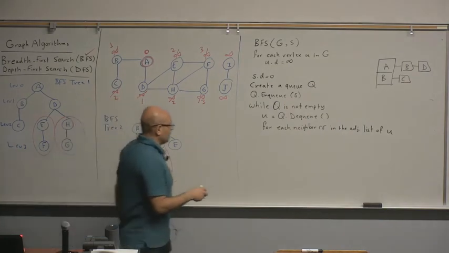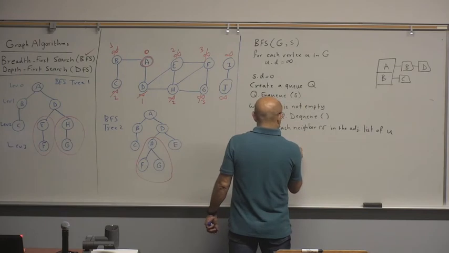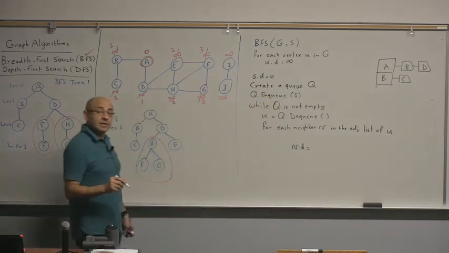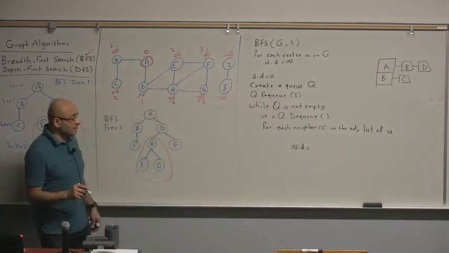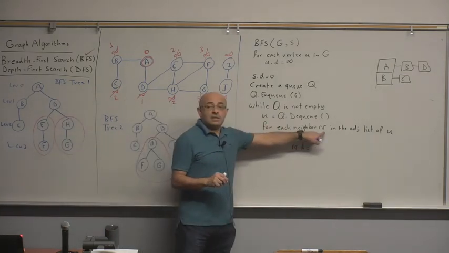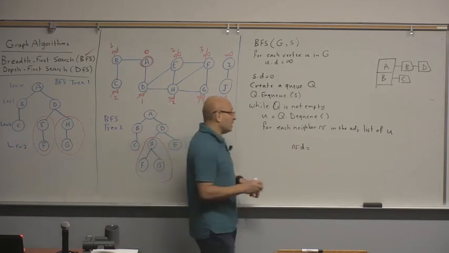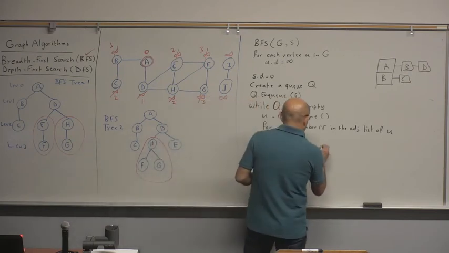Okay, so I will skip something important here, then we'll figure out what it is. I'm going to do v dot distance equals what? I'm going to set the distance of v. So u is the current vertex, v is the neighbor. Distance of v is equal to? U dot d plus 1. Yeah, u dot d plus 1.